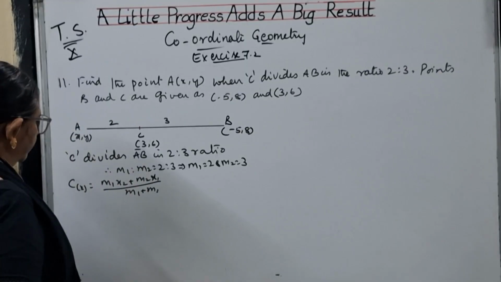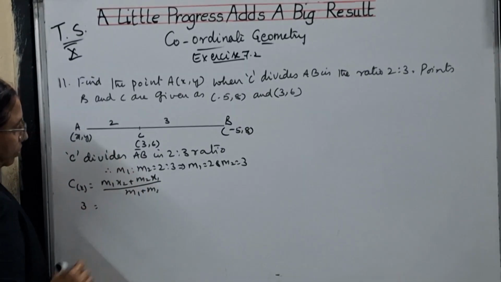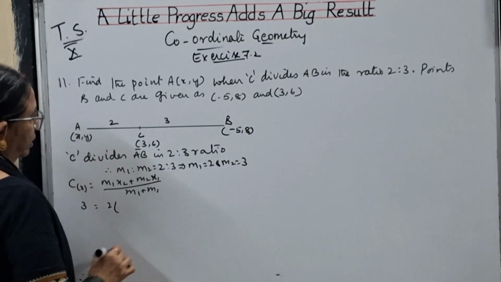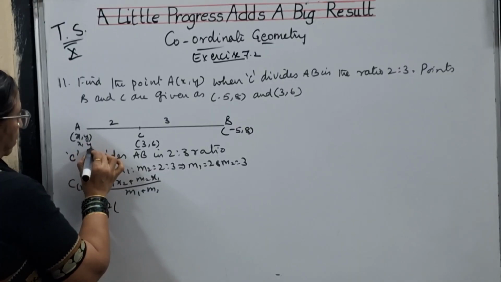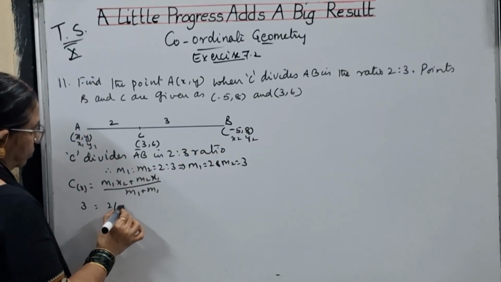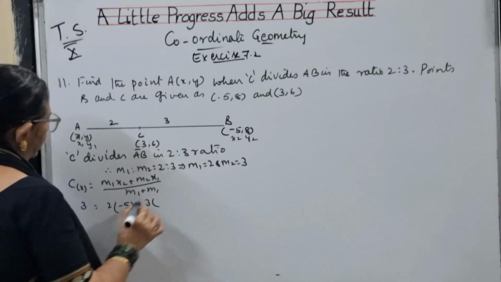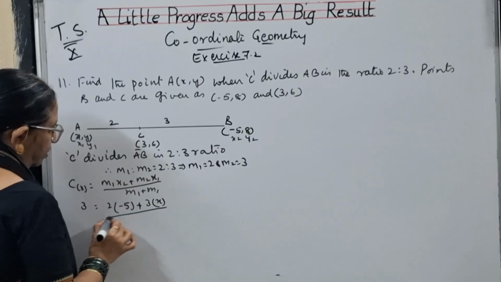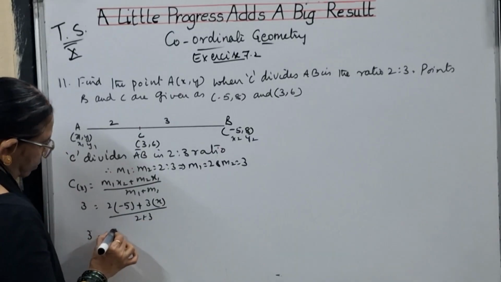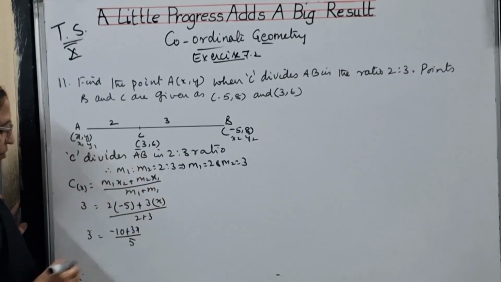So here C of X is 3, which is equal to M1 is 2 into X2. This is X1, Y1, X2, Y2. So 2 into minus 5 plus M2 is 3 into X1, that is X, by 2 plus 3. That is 3 is equal to (minus 10 plus 3x) by 5.